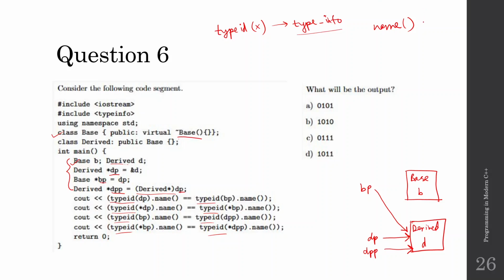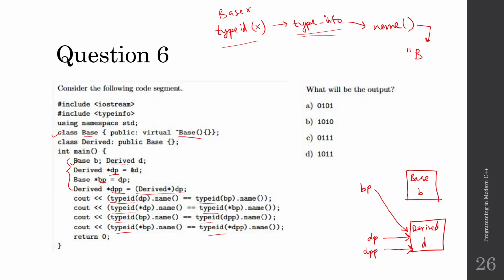If you run it on G++, you will get some value. Suppose we have Base x, and we are calling typeid. It will return this type_info object, and then we are calling name. This will give a string output.